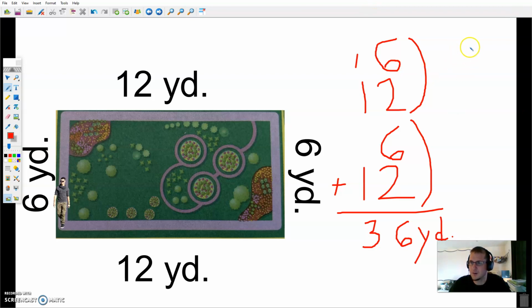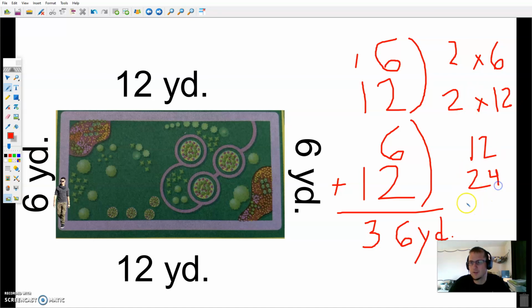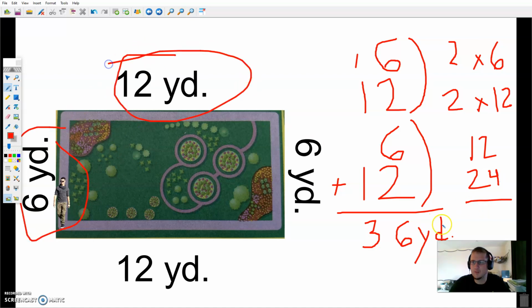I want you to also notice that there are 2 6s and 2 12s. So 2 times 6 is 12, and 2 times 12 is 24. There are lots of different ways we can do this. We can do 2 6s and 2 12s, or 6 and 12 and 6 and 12, and they both get us to that same 36 yards.